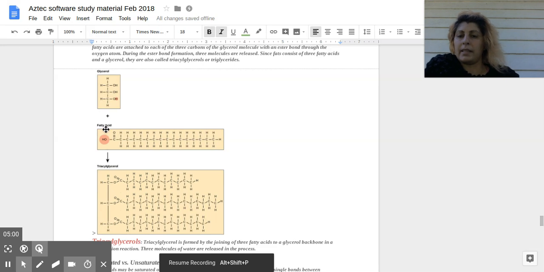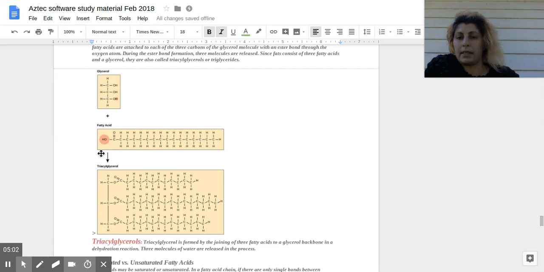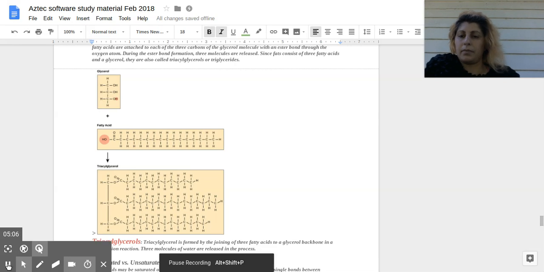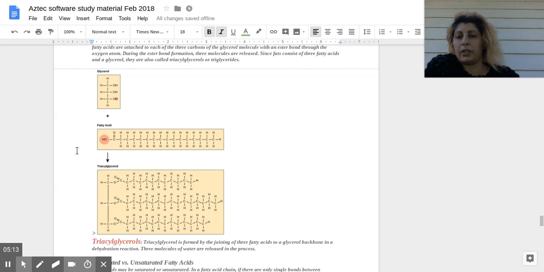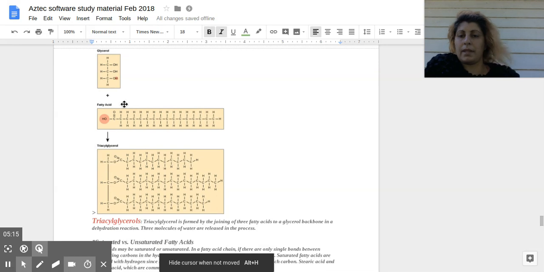So the fatty acid tip has a carboxyl group, or a COOH group, which helps to make the ester bond between the fatty acid chain and the glycerol. So again, this is called a dehydration reaction.